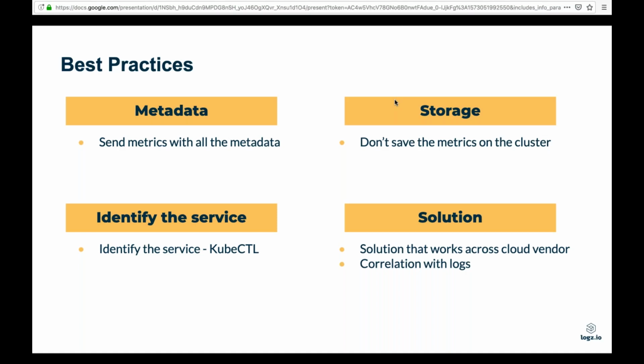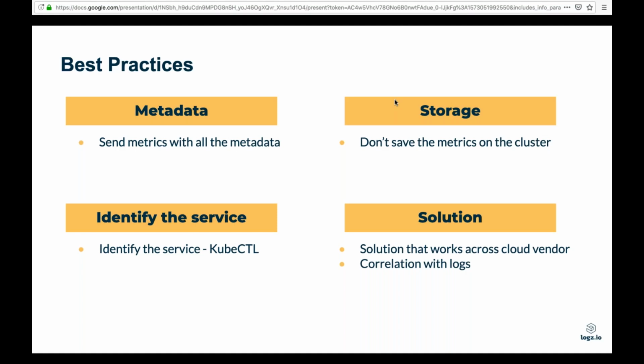When we ship the metrics, we want to send them with all the metadata that we can, so that when we look at a metric, we can understand exactly which host it comes from, which container, which pod, what runs, what kind of services it runs, etc. This really helps to triage and understand the source of the metrics.